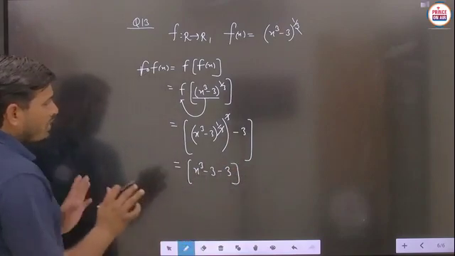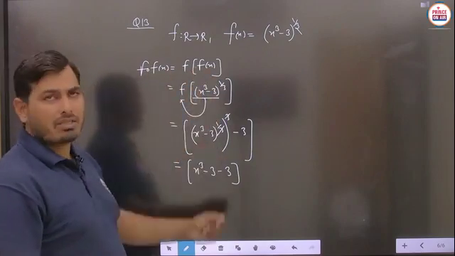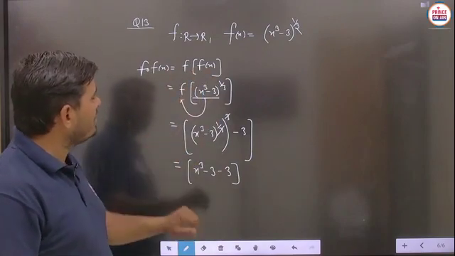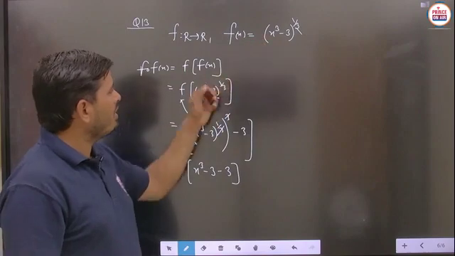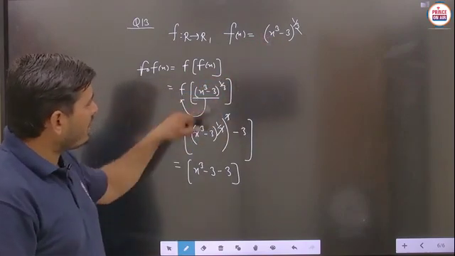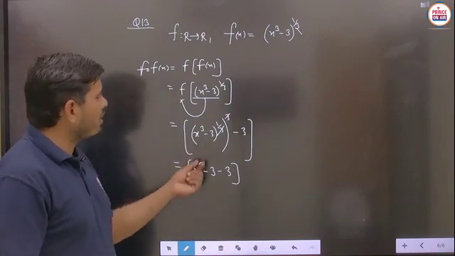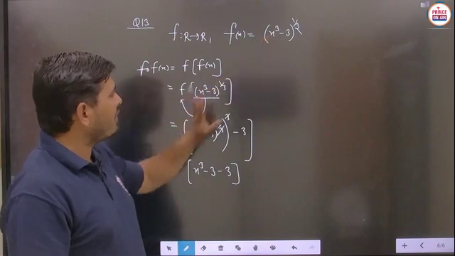So in this kind of f of f(x), what we are doing is writing f of f(x). Now f(x) is substituted here, so it will be written as (x³ - 3)^(1/3). Again, we are just putting the value of x in this function.